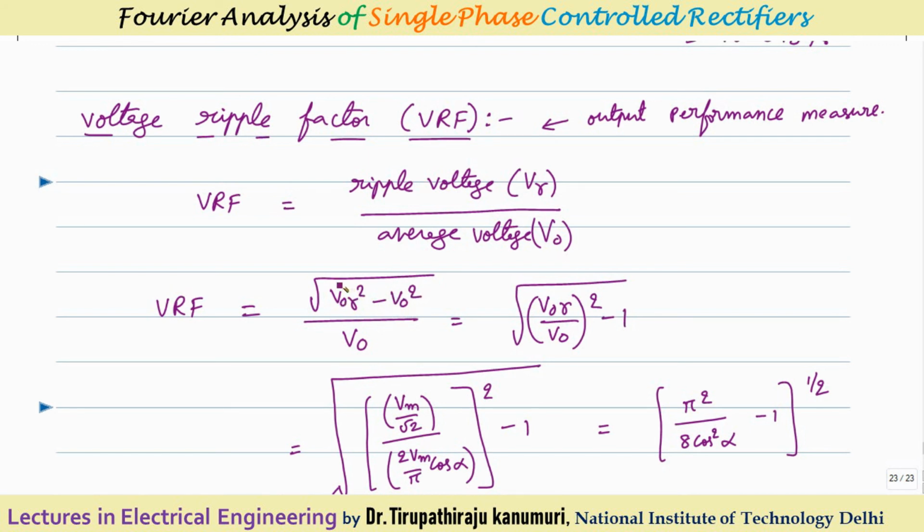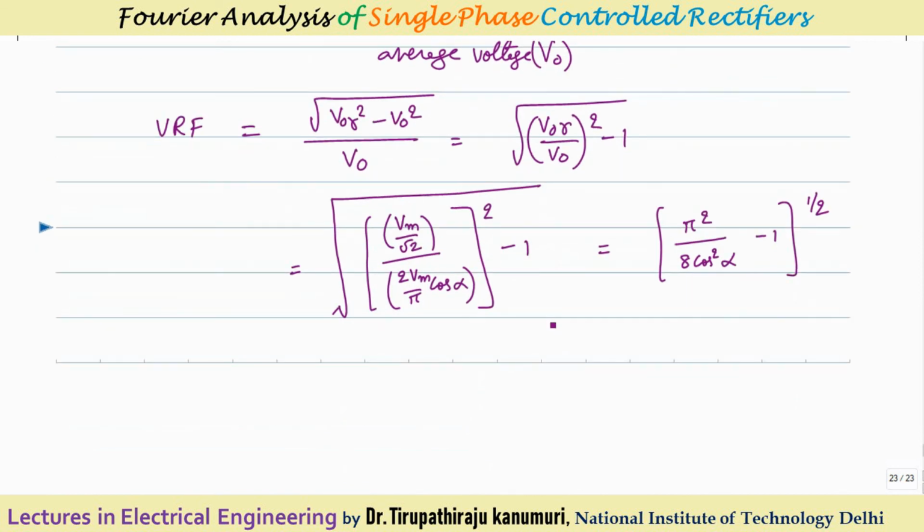So the total RMS value of the voltage square minus the DC or average component square will give you the ripple voltage. That ripple voltage I am dividing by the average value of the voltage, or the ideal voltage that is required. So if you substitute, this becomes equal to square root of VOR divided by V0 whole square minus 1. When you substitute, this will be square root of pi square divided by 8 cos square alpha minus 1.